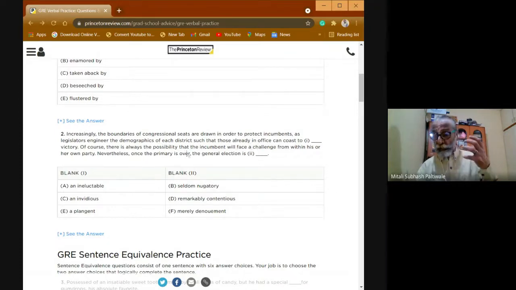That means those legislators engineer the demographics, meaning they put a boundary. They know up to what extent, from which area to which area, they can influence the voters. That is the engineering. They have a limited place where they can influence the voters to vote for them. Who will be doing that? Those who are already in the office, the legislators. Can coast to blank victory.